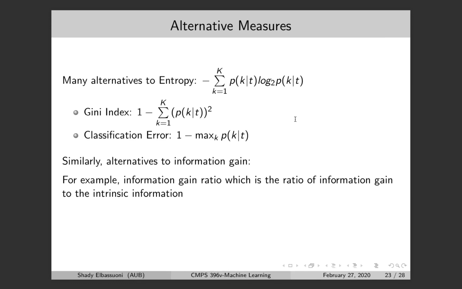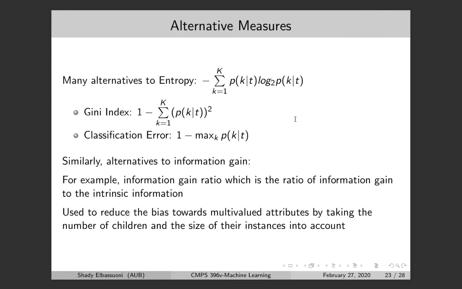For example, information gain ratio, which is the ratio of information gain to the intrinsic information. And this is used to reduce bias towards multivalued attributes by taking the number of children and the size of their instances into account. So information gain tends to favor attributes with a lot of values. The information gain ratio addresses this.